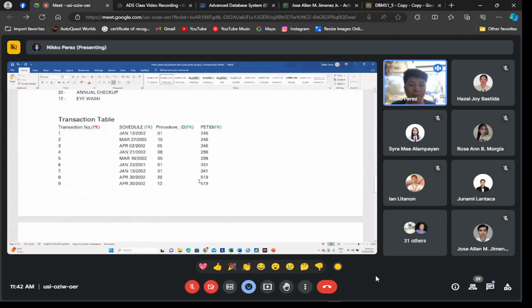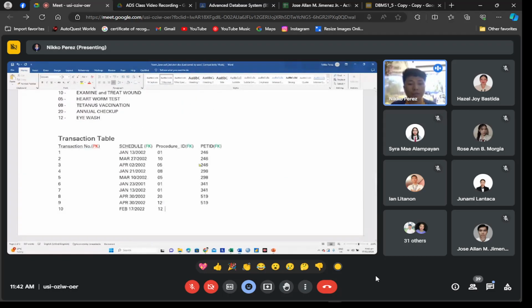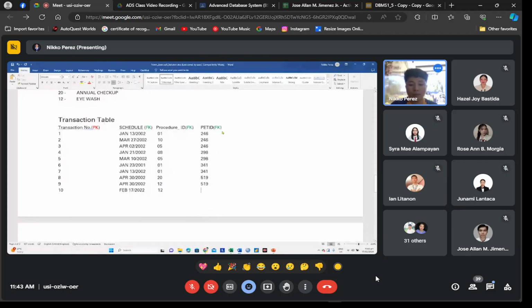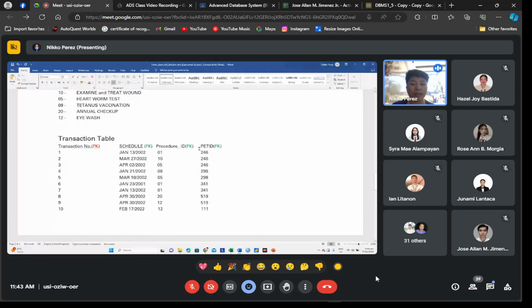Then let's say Snakey has a transaction, the 10th transaction, on February 17, 2022, for a check-up or wash. Transaction ID 12, with Pet ID 111. Then I can query: select all procedures availed by Pet ID 246, so I can see all the procedures that pet availed and on what schedule.